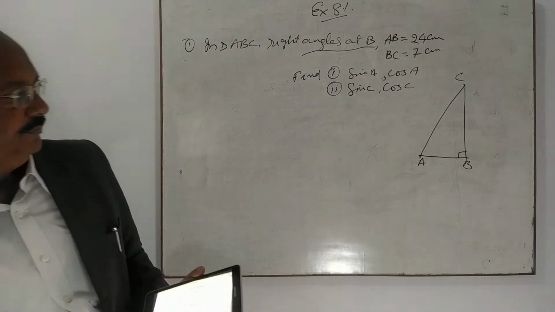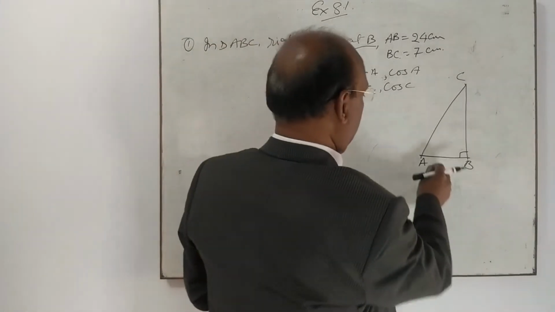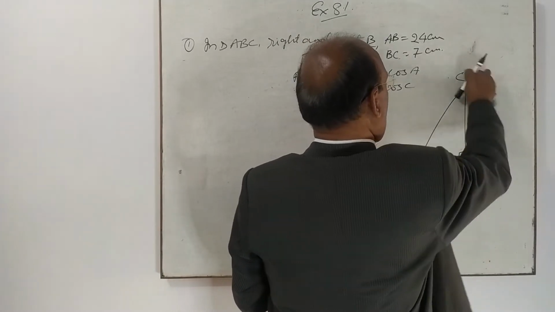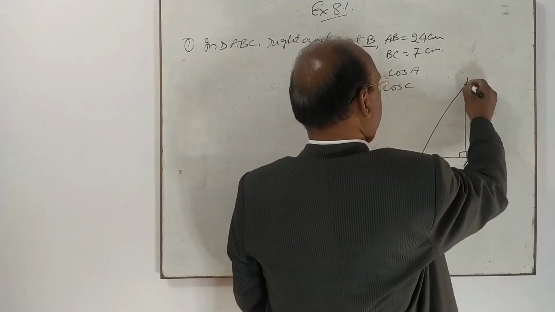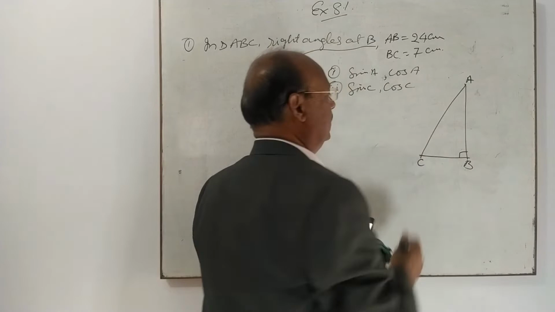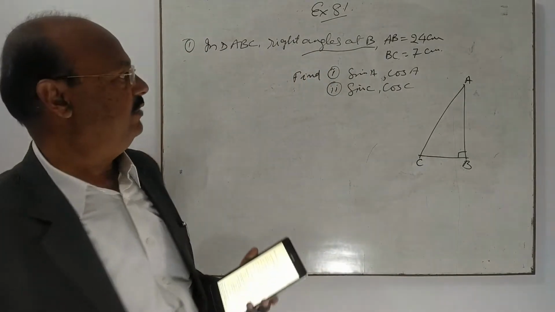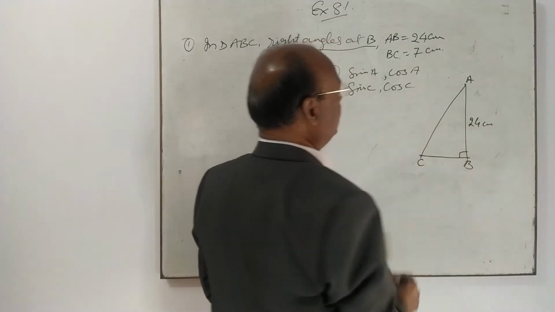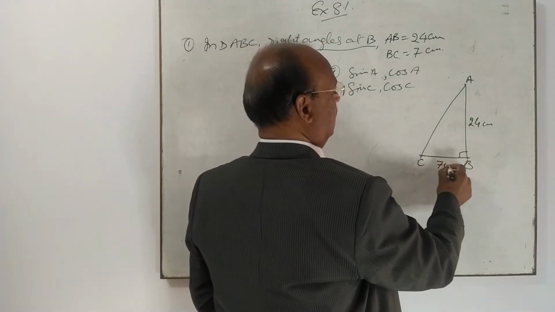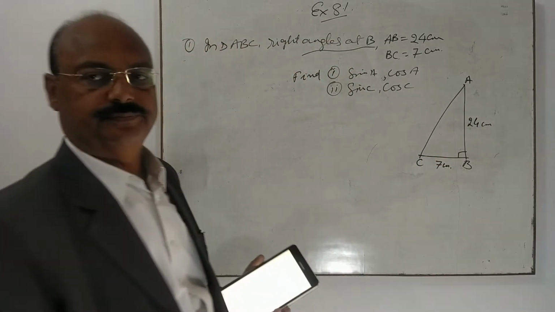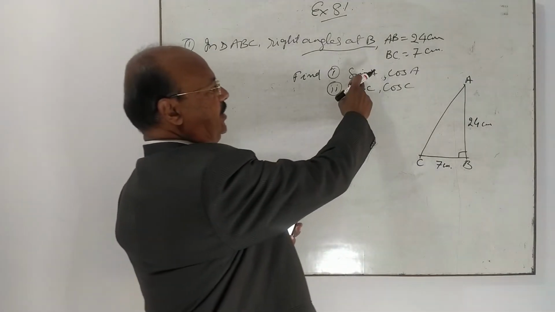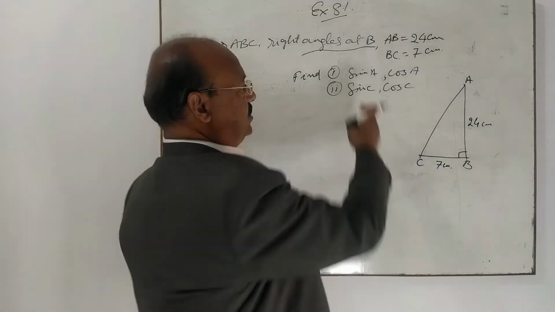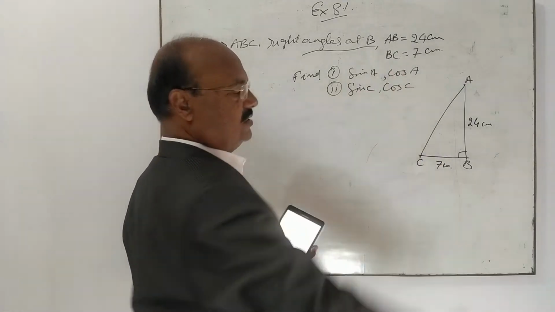Here AB is 24 centimeter and BC is 7 centimeter. We have to find out these trigonometrical ratios, sin A, sin C, cos C.